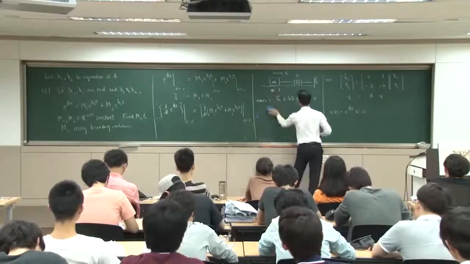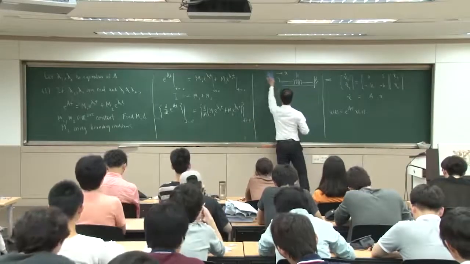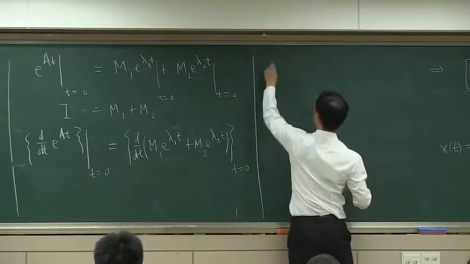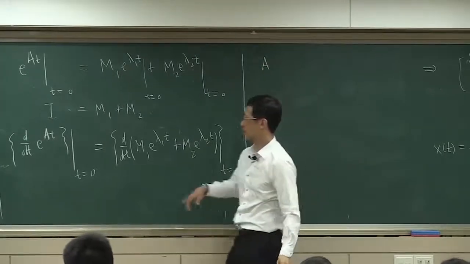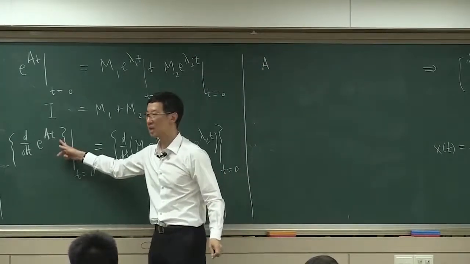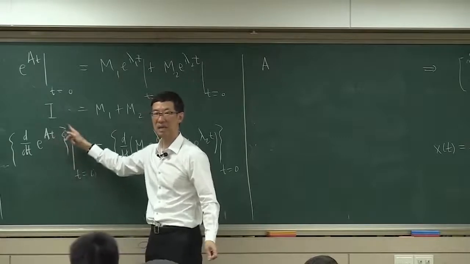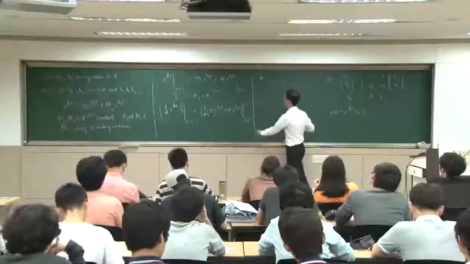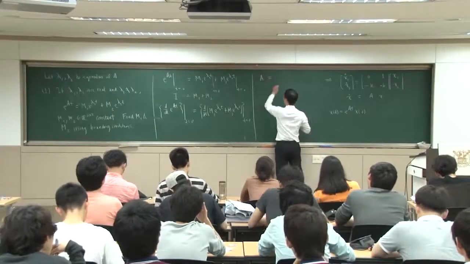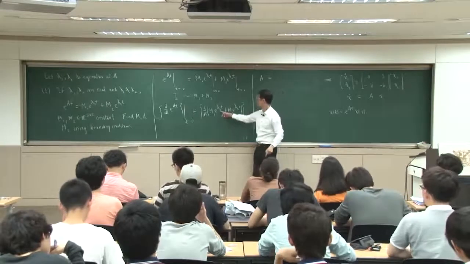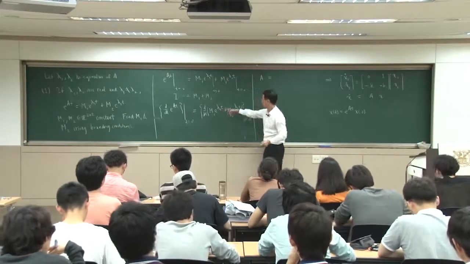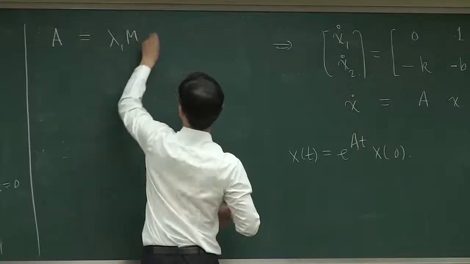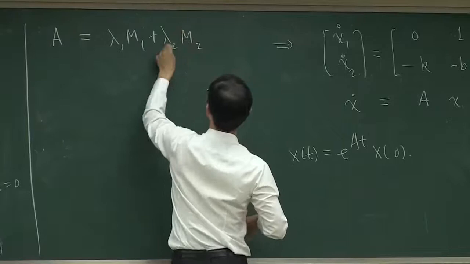Taking the derivative of the left side with respect to t, you get A times e to the At, and t equals 0 leaves you with just A. On the right-hand side, lambda 1 comes down, the exponential becomes 1, so this is lambda 1 M1 plus lambda 2 M2.